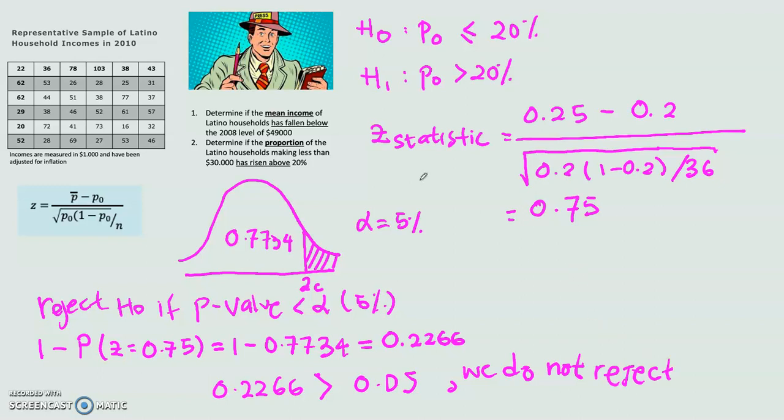In other words, H0 is true, and our statement that we made here was in H1. So if H0 is true, H1 is not true, this statement is again false. So it is not true that the proportion of Latino households making less than 30,000 has risen above 20%.